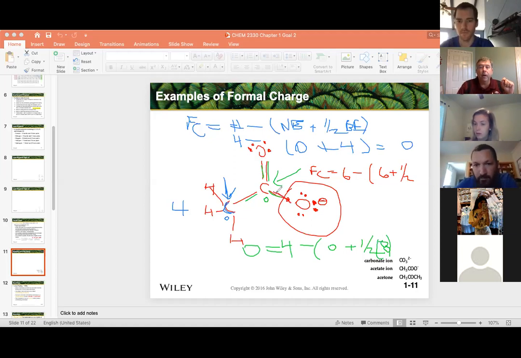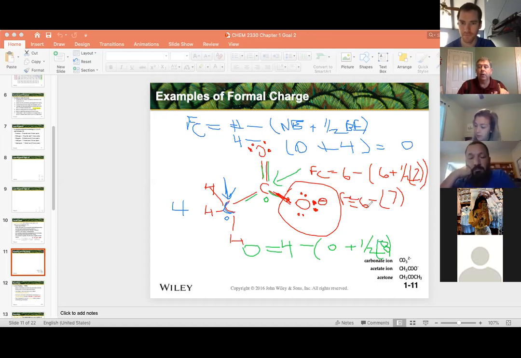We have 1 bond to carbon here, so that's a total of 2 electrons, and 1/2 of 2 is 1. So 6 minus 7 is equal to -1. That means the formal charge on this oxygen is -1, okay?